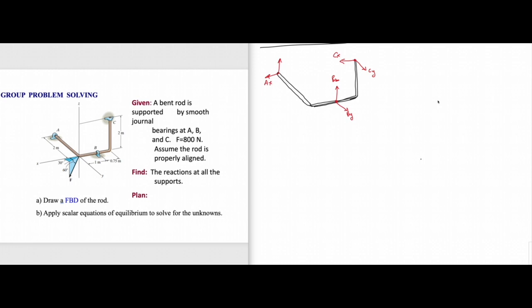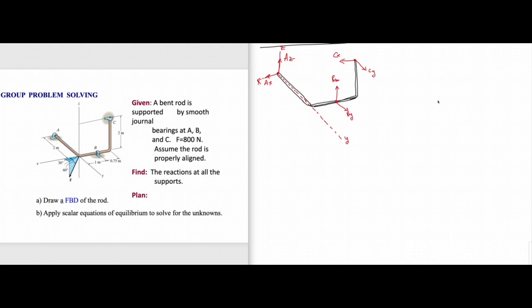And let me give the dimensions in the meantime while it gets synced. Yeah, it got synced. So you have AZ, AX.